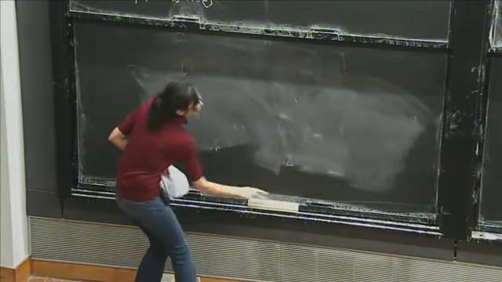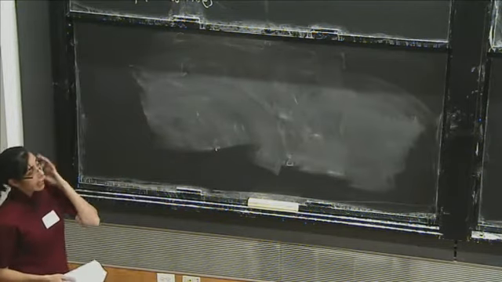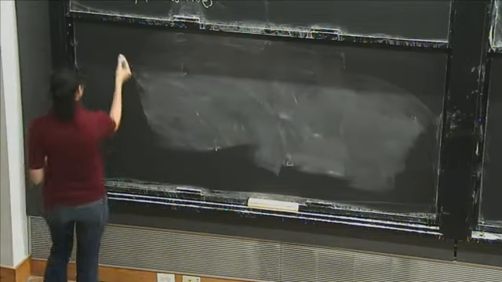So again, it is possible to show that the evaluation map is flat when e is equal to 1. And this has been done by a student of Jason.